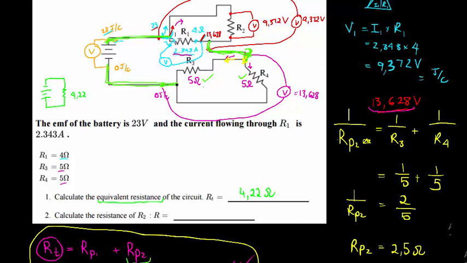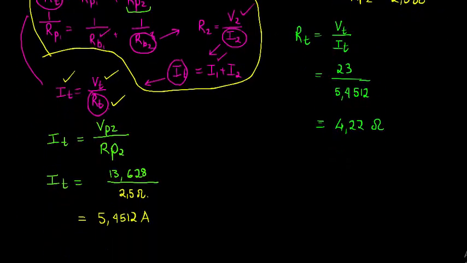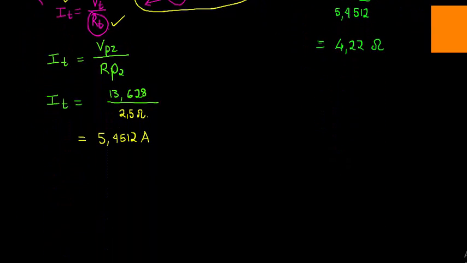So this branching, I would take 4.22 minus that, and it will give me that resistance there. And I say that because in the next question they tell us calculate the resistance R2. Now you can do it in that fashion, but let's look at R2.